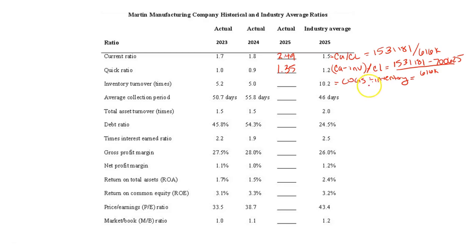So $3,704,000 divided by $700,625 gets us 5.29. So their inventory is turning over 5.29 times per year.